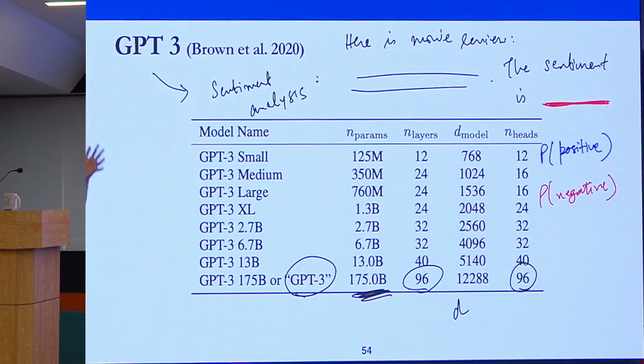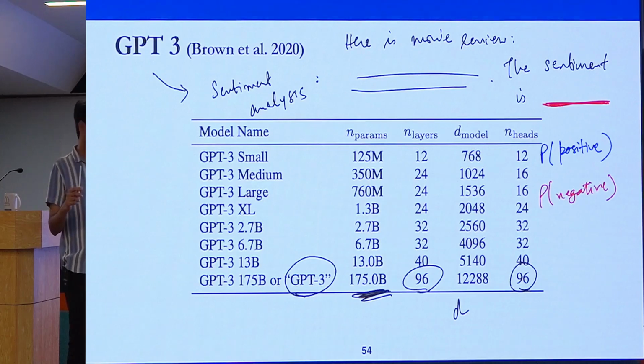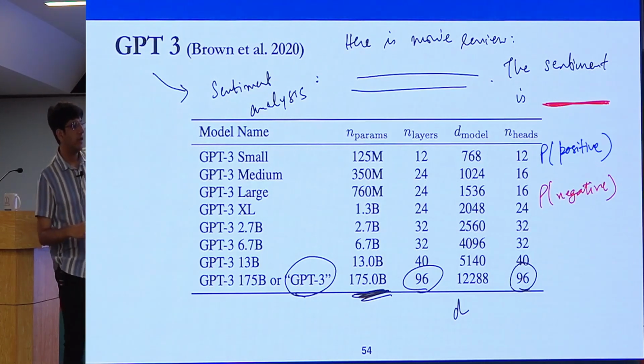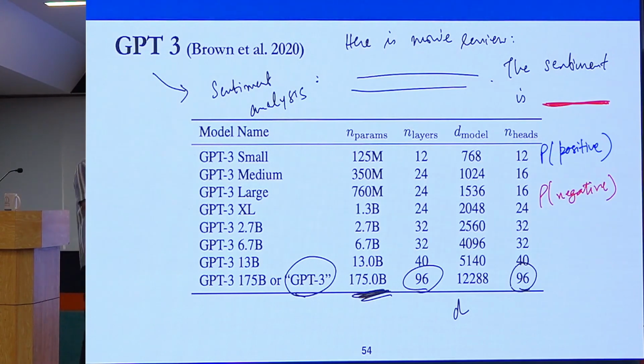Like you give 5 examples and call this a 5-shot learning model. You gave a movie review and said the sentiment is positive. Another movie review, sentiment is negative. Another movie review, sentiment is positive. Now for the next one, you don't say what the sentiment is, and the model will say positive or negative.